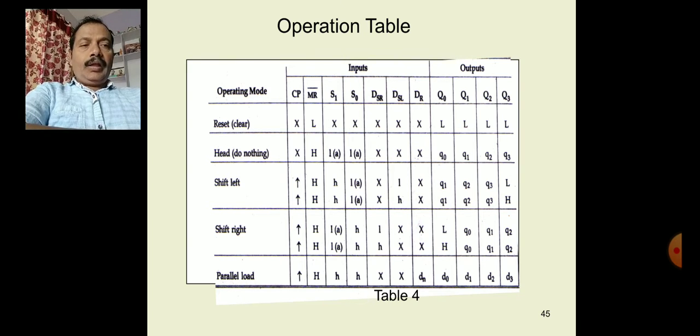And the next, shift right operation, that means whenever the mode selection bit S0 is 1, the bits are shifted right, that is, Q0 is loaded with 0, and the next bits are shifted right to the succeeding flip flops. And for 1 1, the parallel load operation is done. That is, the data bits D0, D1, D2, D3 are loaded into the flip flops.